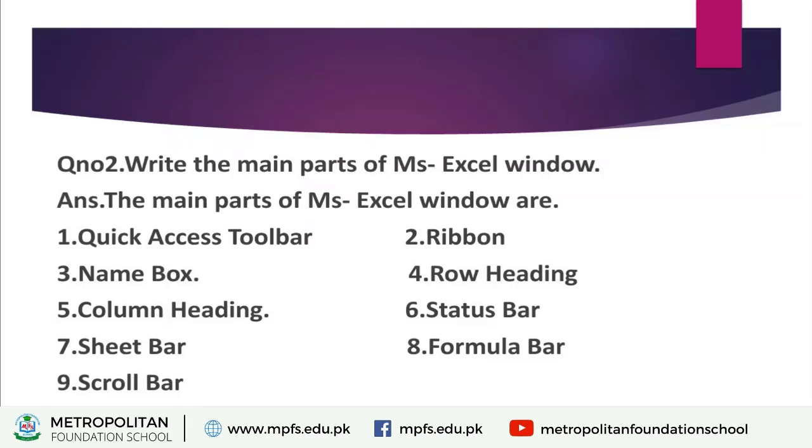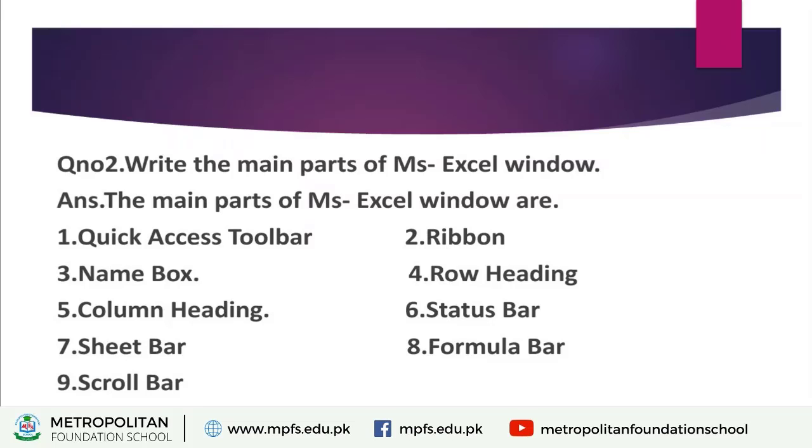Third one is Name box. It appears on the left side of the formula bar and displays the active cell address or the name of the selected cell, range or object.